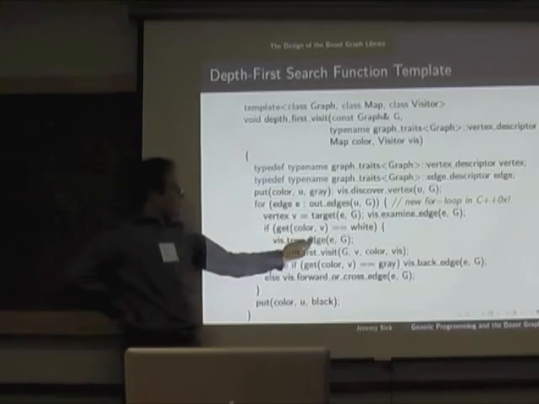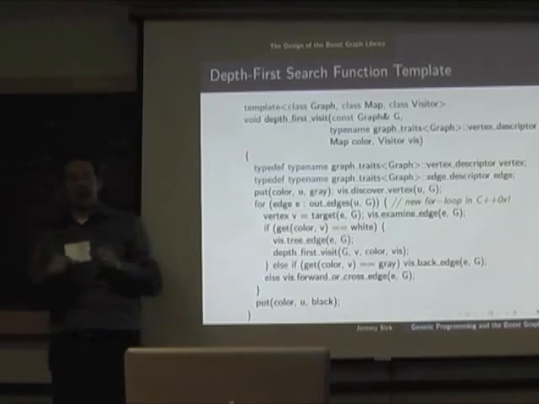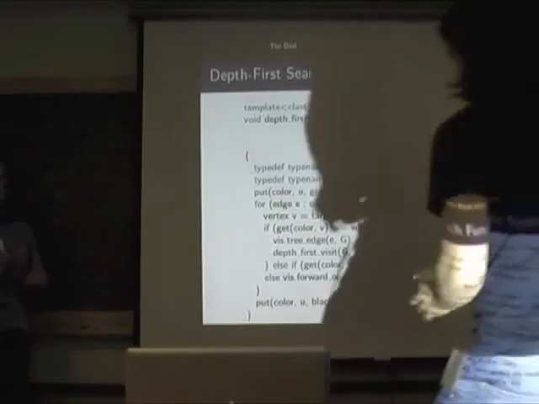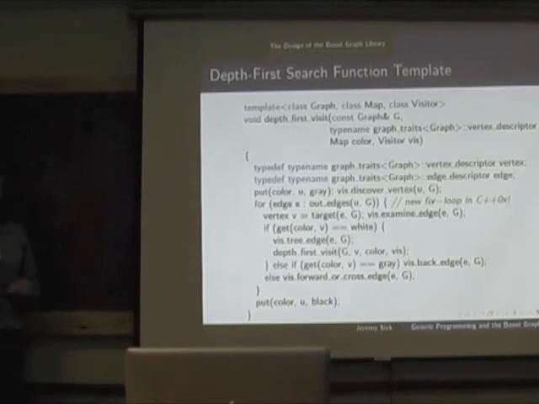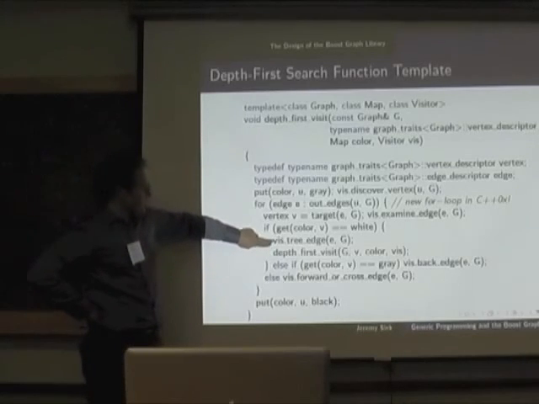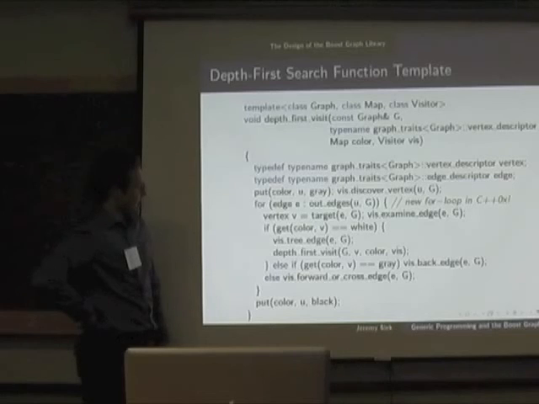This puts some constraints on the property map and the values that are in the property map. They really have to be things that can be compared to, I think it's this enumerated thing of white, black, or gray. Here you're saying, hey, we found a tree edge, and then we recursively visit the rest of the graph down in that part of the graph.